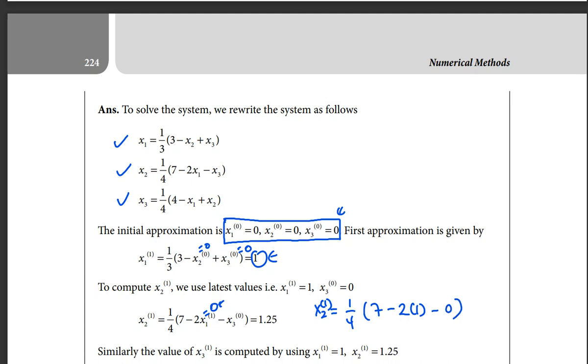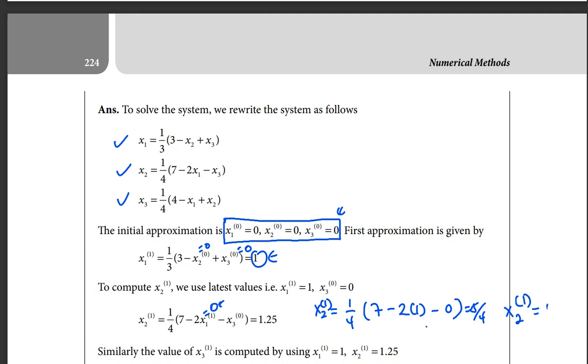At the end, you're going to have 1 over 4 multiplying 5, which gives 5 over 4.